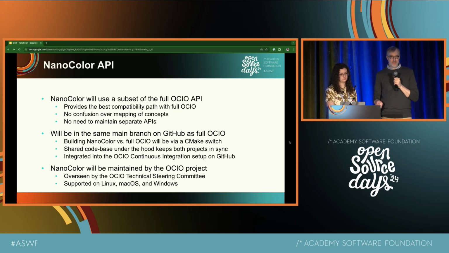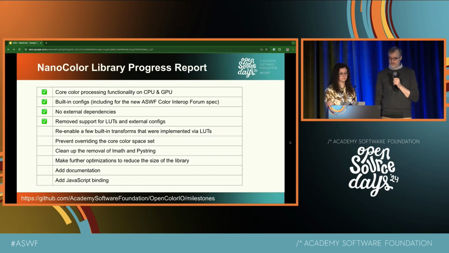It'll be in the same main branch on GitHub as full OCIO, so it's just a compile time decision. You just set a CMake flag to compile either full OCIO or NanoColor. And finally, NanoColor will be maintained by the OCIO project, so it'll be overseen by the OCIO TSC and supported on our standard platforms of Linux, Mac, and Windows.